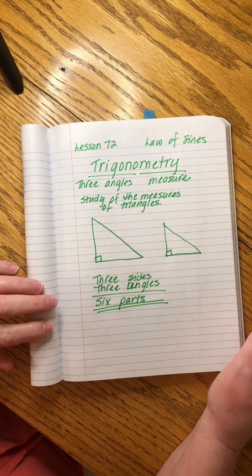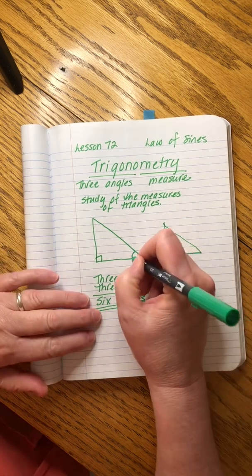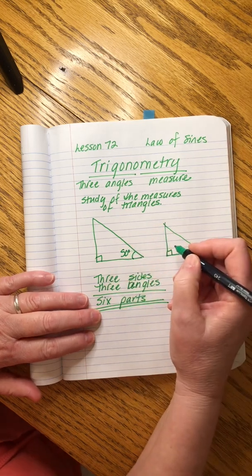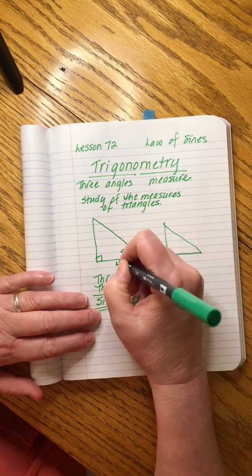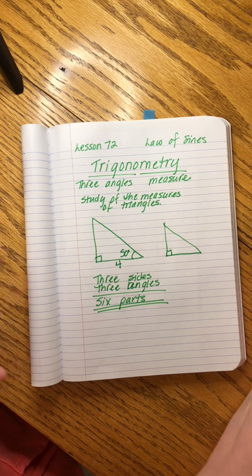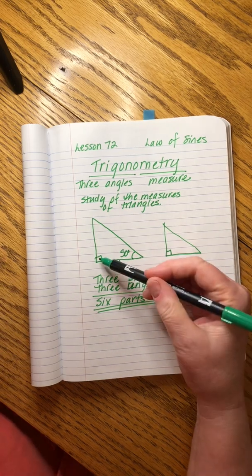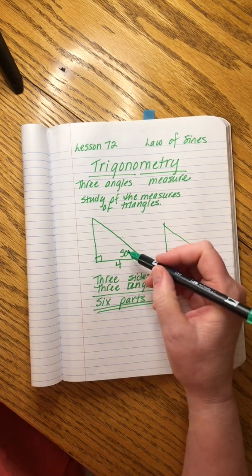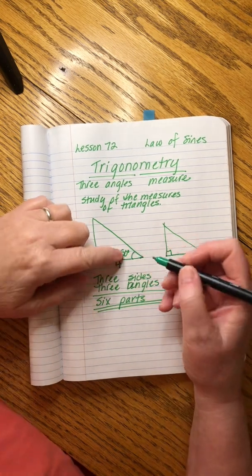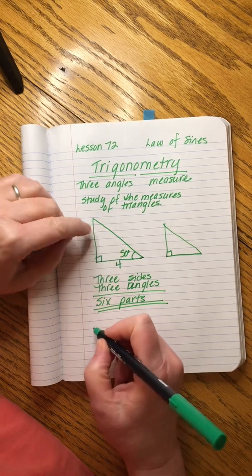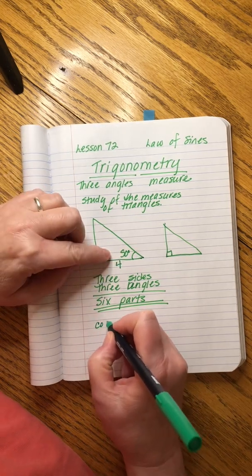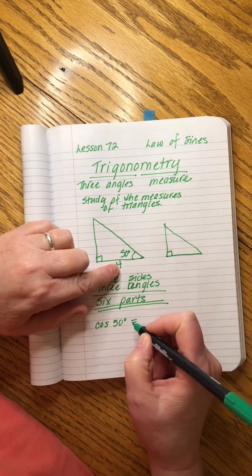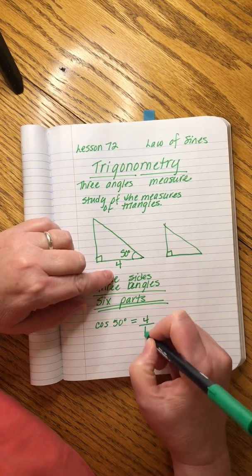So, for example, if we know that this angle is 50 degrees and this side is 4, we can solve the rest of that triangle. Because it's a right triangle, we can use our trig functions. For this one, we could say that the cosine of 50 degrees equals the adjacent 4 over the hypotenuse.